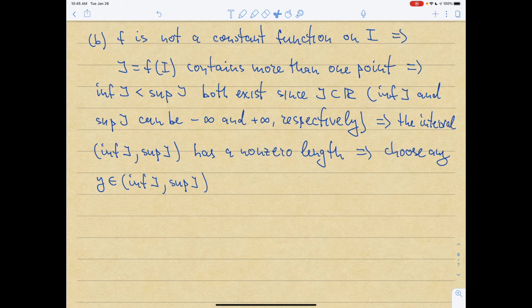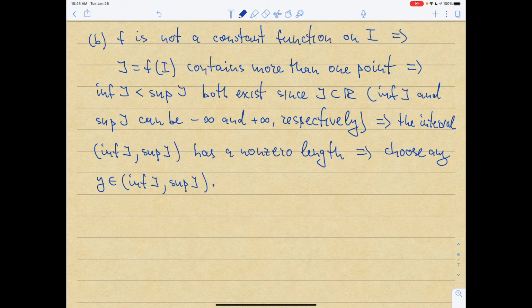Now, we should note here, well, before we note anything, y belongs to the interval from the infimum of J to the supremum of J, so then it would be tempting to try to use the intermediate value theorem, right? Because the intermediate value theorem told us what?